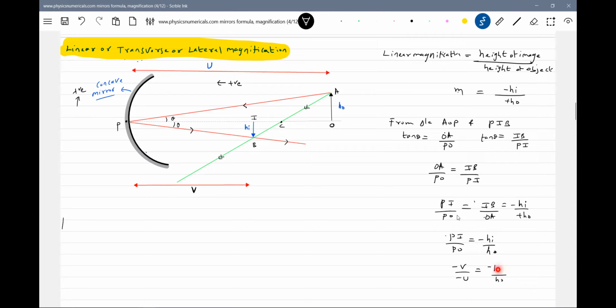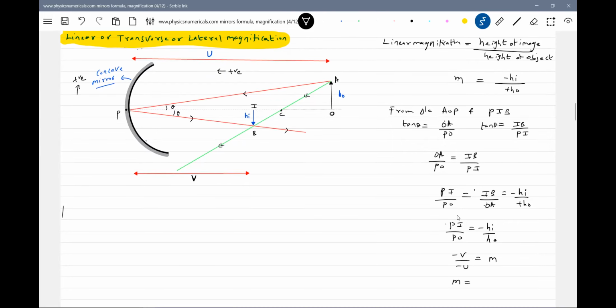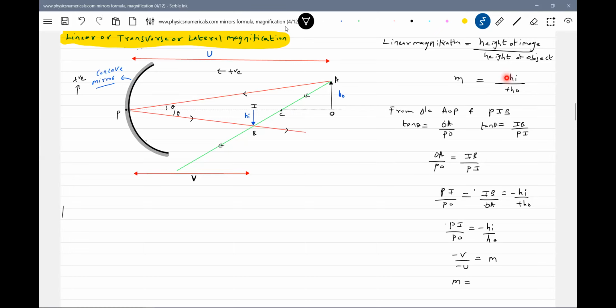What is HI by HO? HI by HO is what we should call magnification. So finally, what is the expression for magnification? Here we should not take the sign; I'm just making a correction.